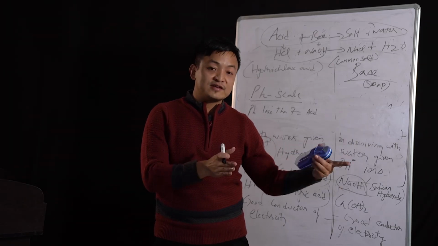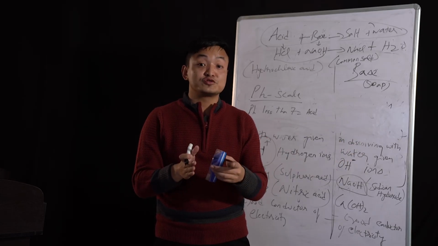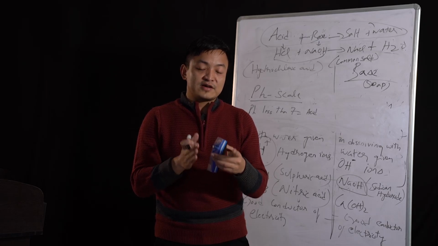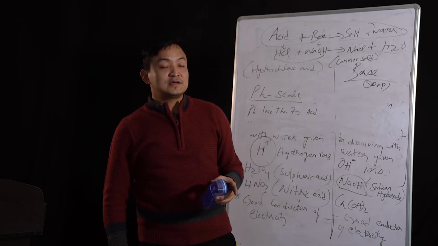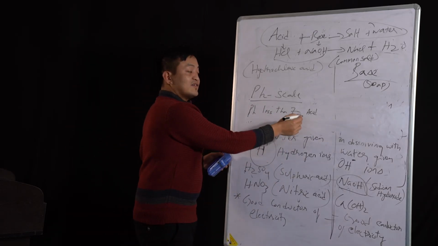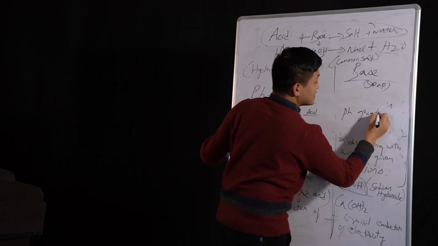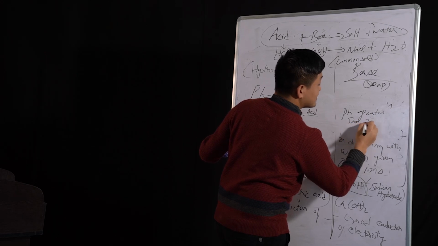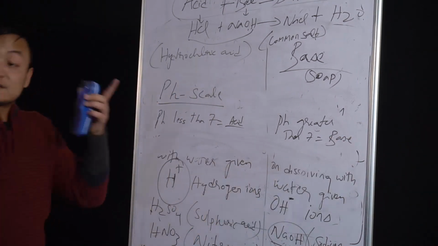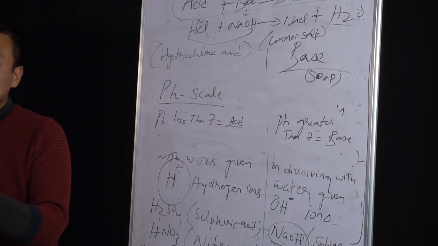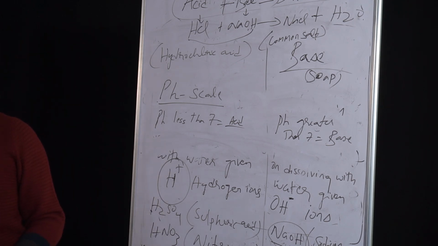So 1 to 7 is an acid, 7 is a neutral number, remember, and from 7 till 14 it's a base. So pH less than 7 is an acid, and pH greater than 7 is base. And 7 is neutral.